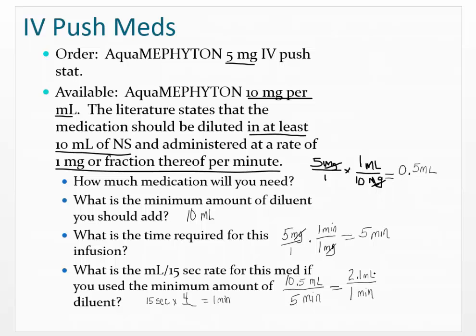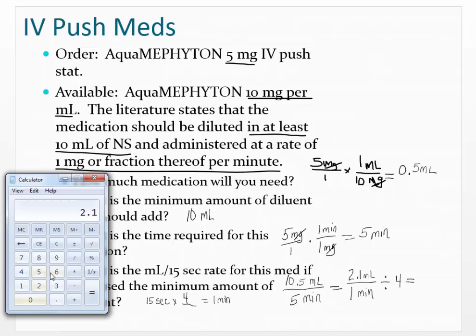So if I'm supposed to give 2.1 milliliters every 1 minute, I would give 1/4 of that in 15 seconds. See the 4? So I'd only give 1/4 of this. So 1/4, that's the idea of division, so I'm going to take this and divide it by 4.